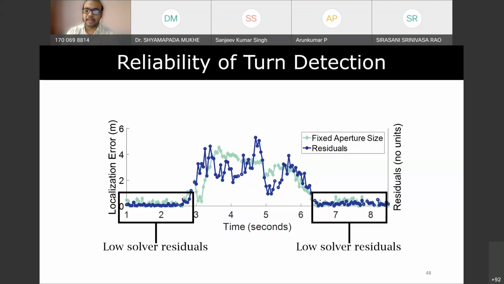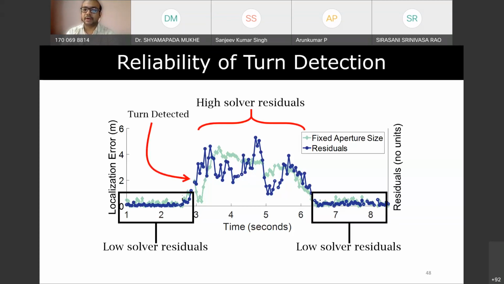On the left-hand side there are lower solver residuals, and on the right-hand side these are high solver residuals. So our heuristic is, when we suddenly see a spike in the solver residuals, that is a signature of inconsistency in the velocity values that we are solving.